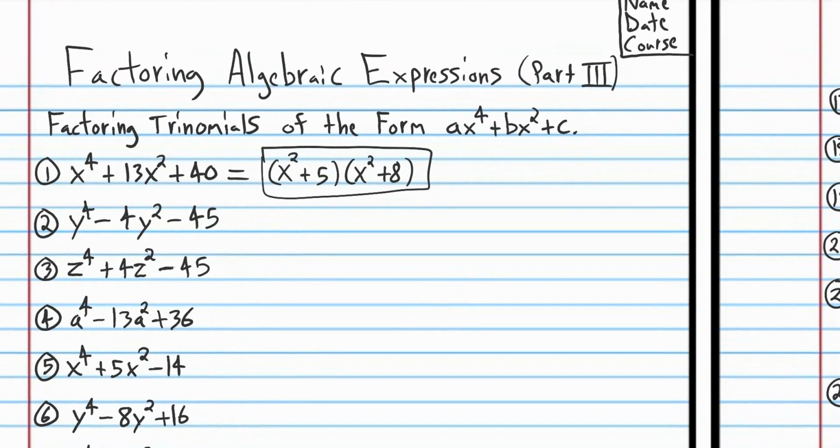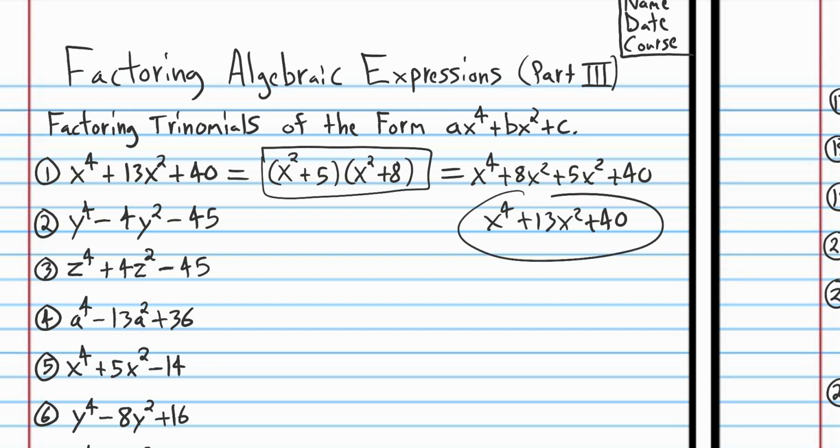Now, if you FOIL that out, x to the second times x to the second is x to the fourth. And the outside terms, we get 8x squared. Inside terms, we get 5x squared. And last terms, we get 40. Add those middle terms, and you get 13x squared. And you can see we go back to this expression.